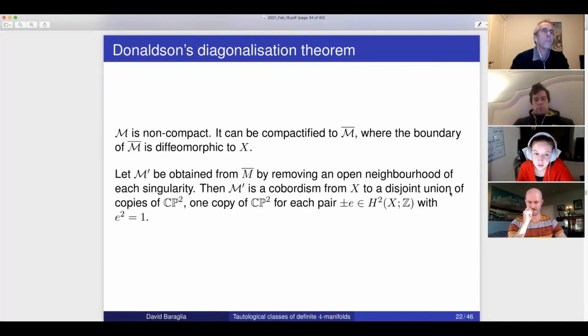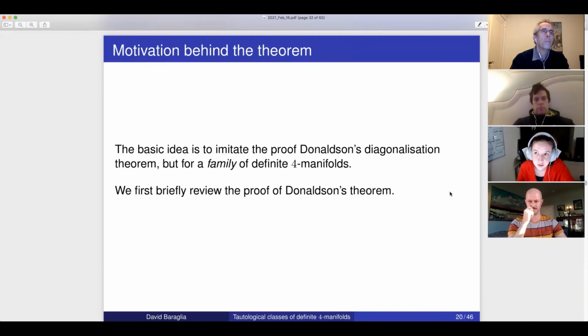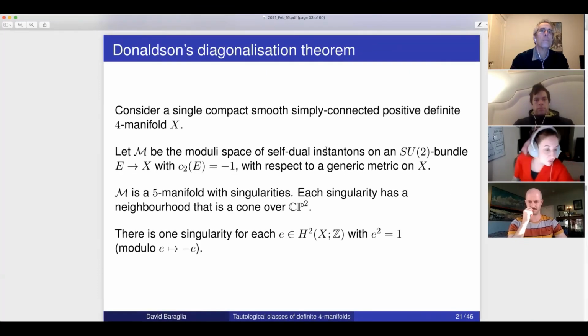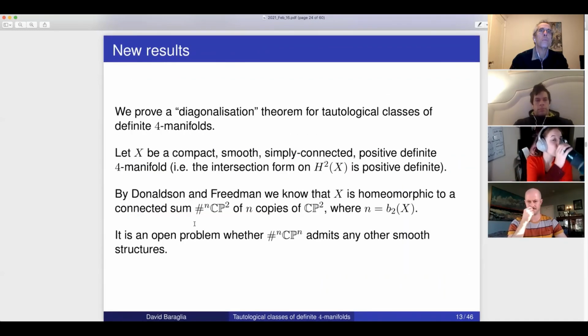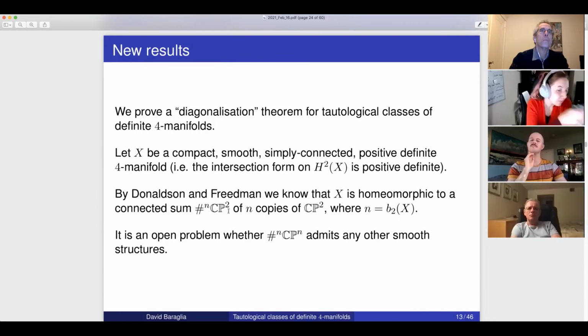Yep. Basically, because we're looking at a definite four-manifold, homeomorphic to a connected sum of CP2s, the monodromy has to act by isometries, but the H2 is just diagonal. The isometry group just ends up being a finite group. All you can do is permute the summands and change pluses and minuses.